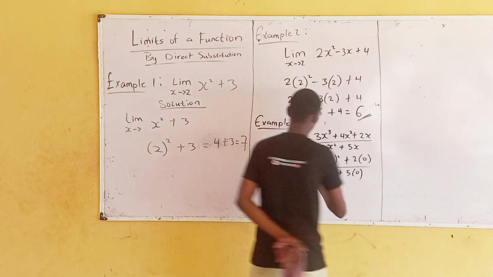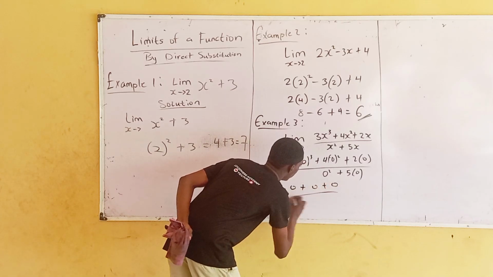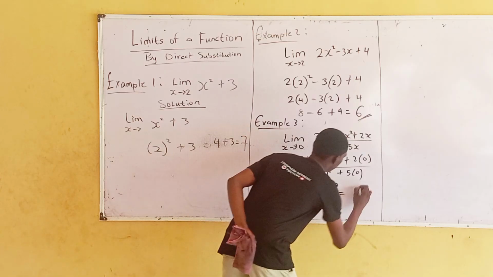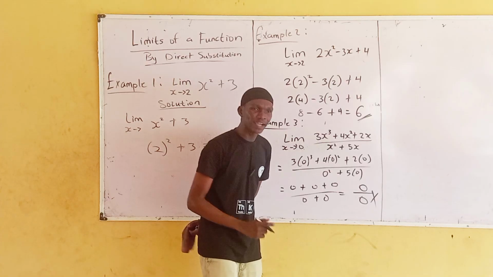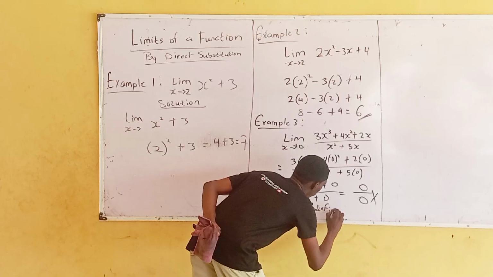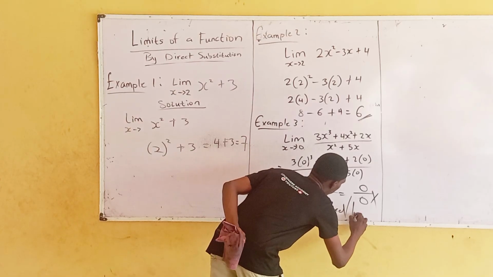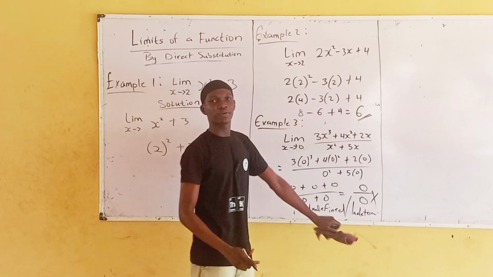Everything multiplied by 0 is 0, so 0 plus 0 plus 0 over 0 plus 0, which is 0 over 0. And 0 over 0 is undefined or indeterminate. You either call it undefined or indeterminate.